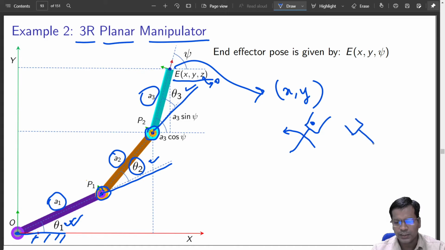So it can orient it in this manner. With the same position, it can be oriented like this. It can be oriented like this. Okay, for the same position XY, it can be oriented in multiple ways. So that is given by the orientation angle psi.